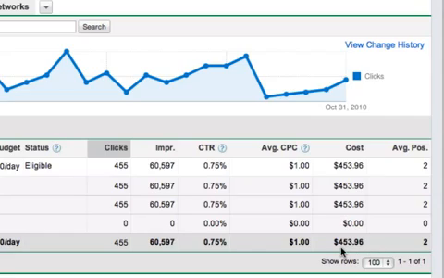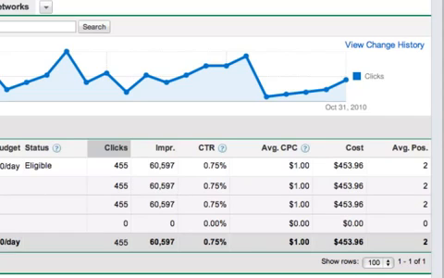So that tells us that his budget is not the problem. He's not limited in any way by his daily budget. So that means that he's over here in position two. He's being shown a lot. He's getting all the visitors that he can get for these particular settings.